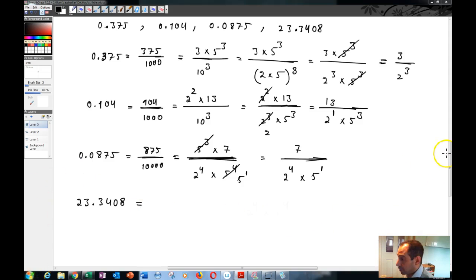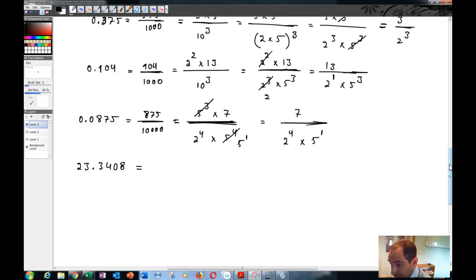Okay, so about this number, sometimes this can be a little bit confusing. One way that you can write out this number in the form of a ratio of 2 numbers is that you know that 23.3408 is the same thing as 23 plus 0.3408.